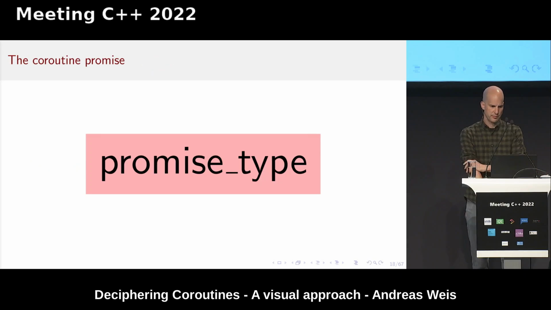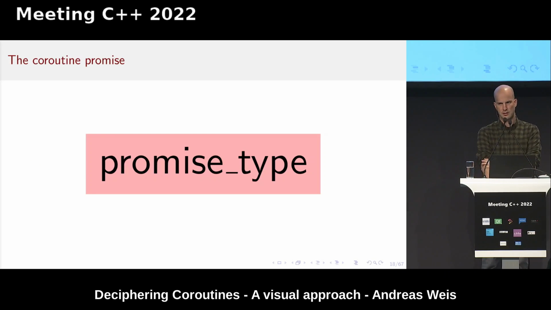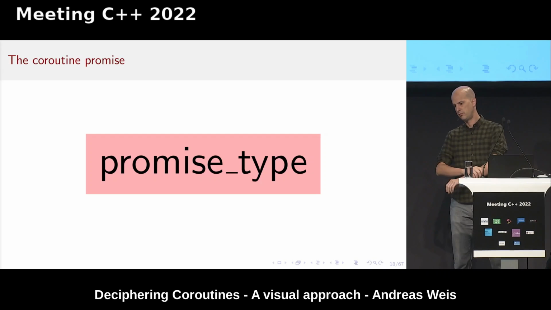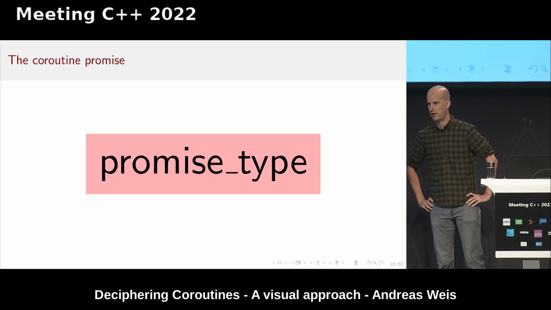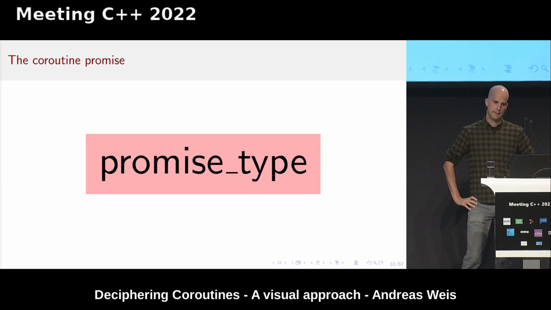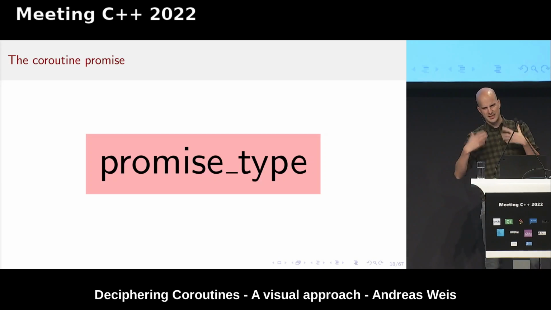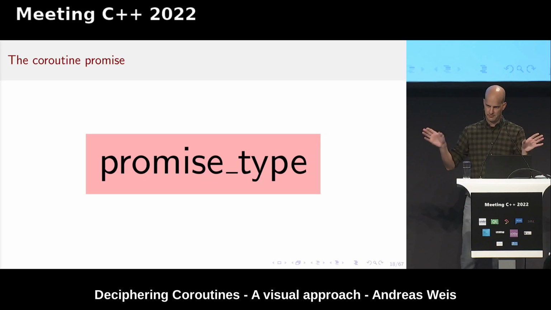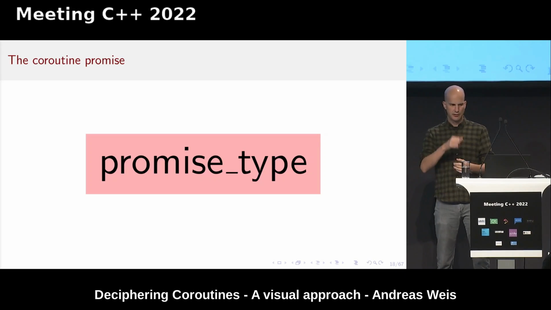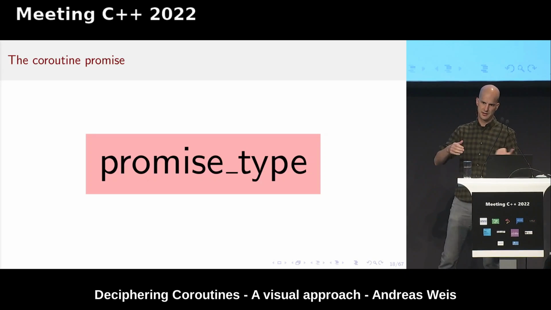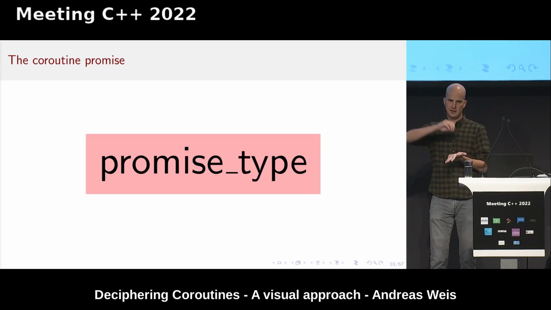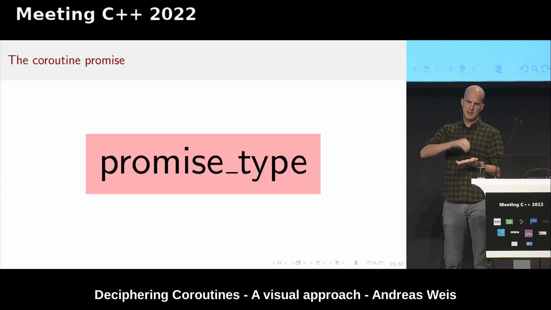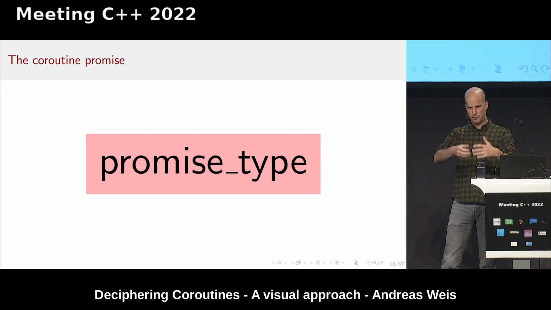So what is this promise type? Why do we need this? If you hear the name promise type, you might think of future promise from the thread library. And the coroutine promises work somewhat similar. It's different, but as a very rough analogy, in future promises, the future is the thing that you give back to the caller. The promise is the thing that you keep inside the thread, where you actually put the values.